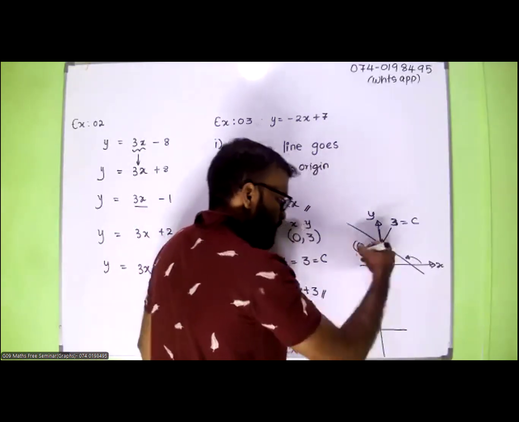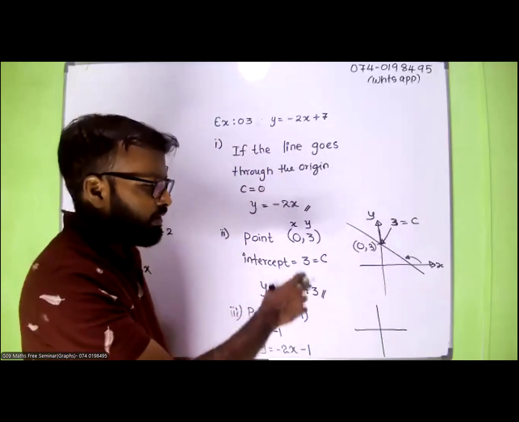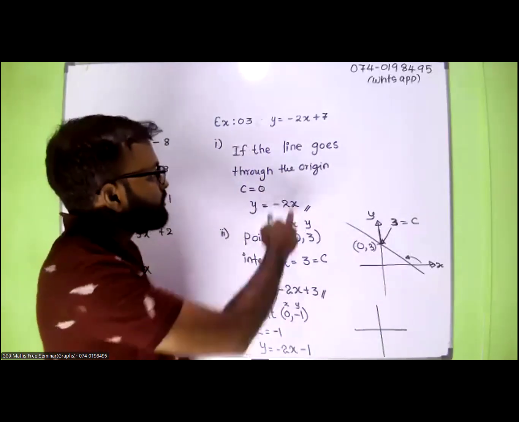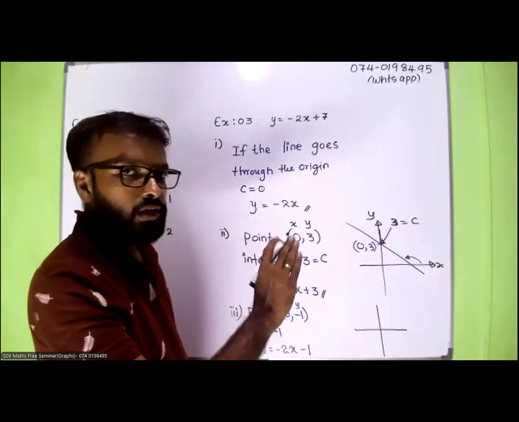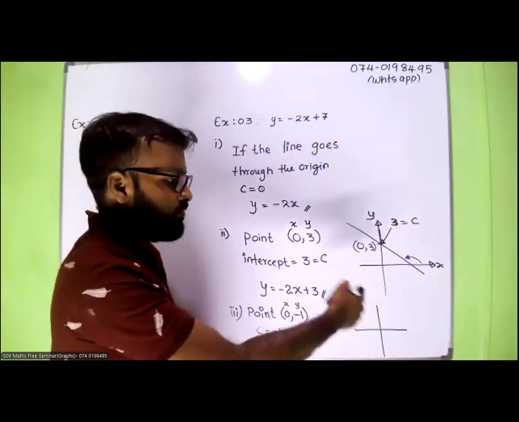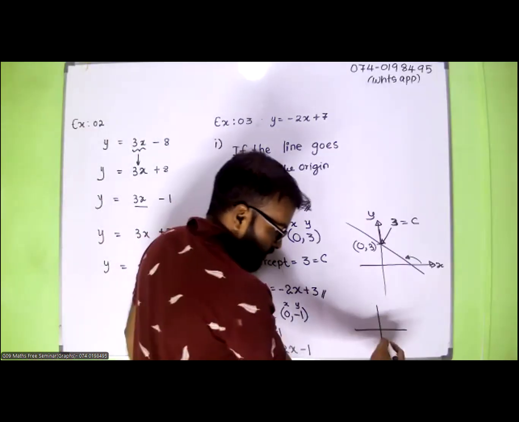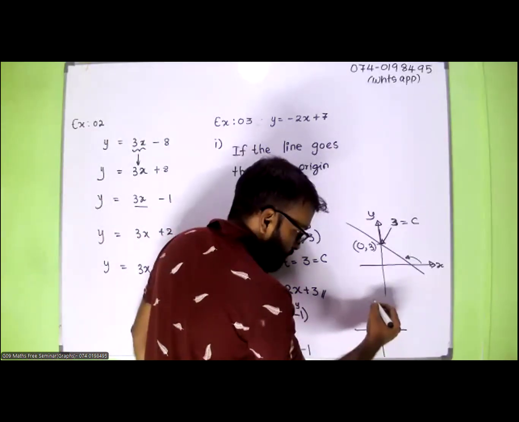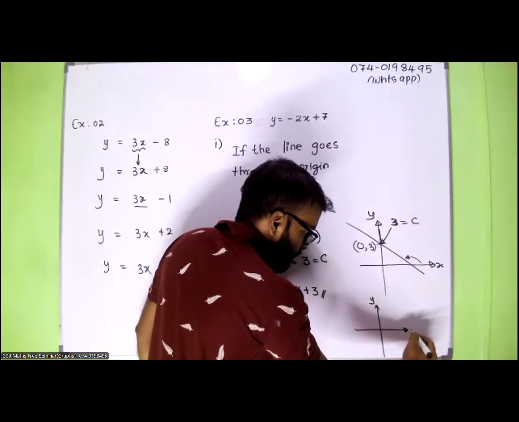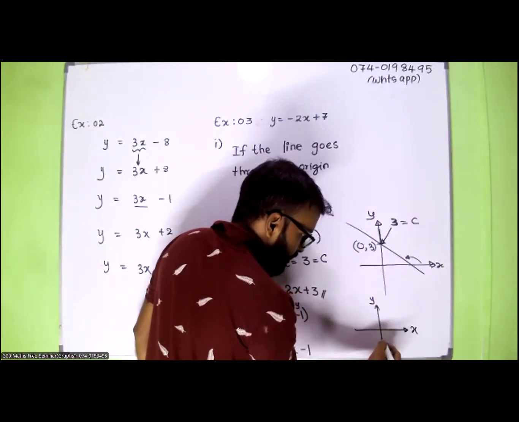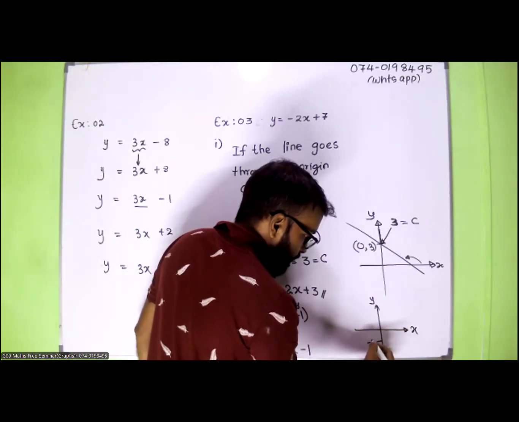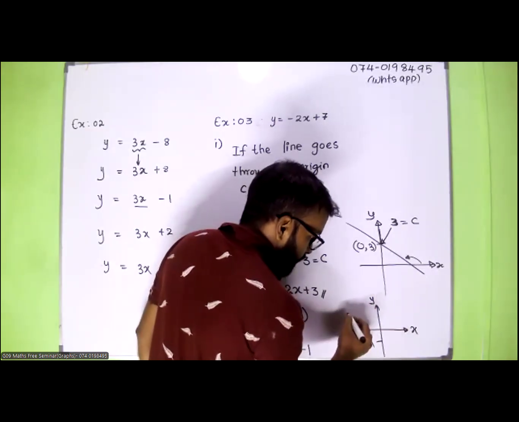So this line will be something like this. Actually, this is not needed. I am drawing that for your knowledge. So this is -2x, definitely an obtuse angle with the positive direction of the x-axis. And it crosses through -1. This is the x-axis, this is the y-axis, and -1 is somewhere around here, and this goes through here.